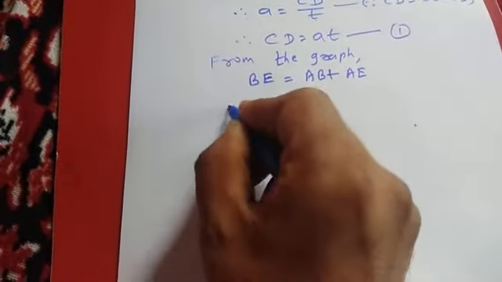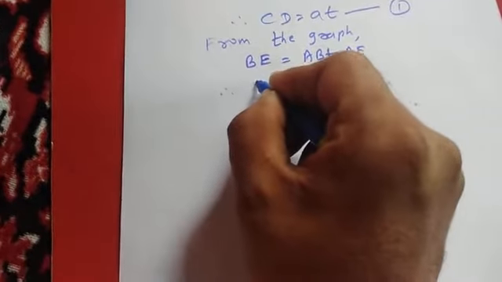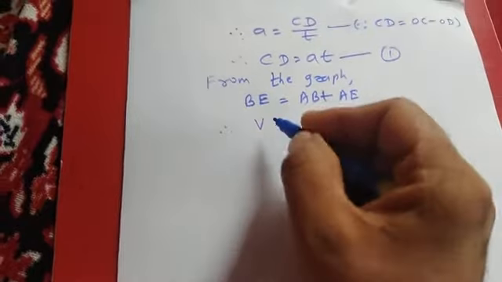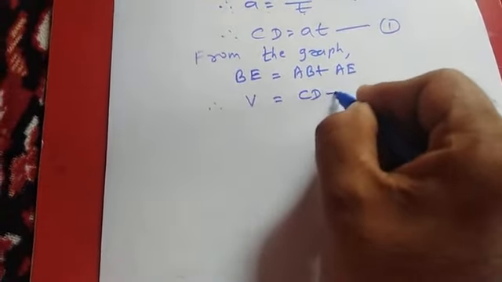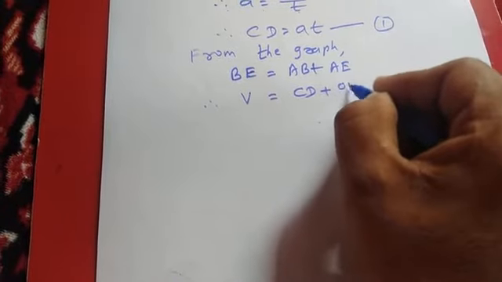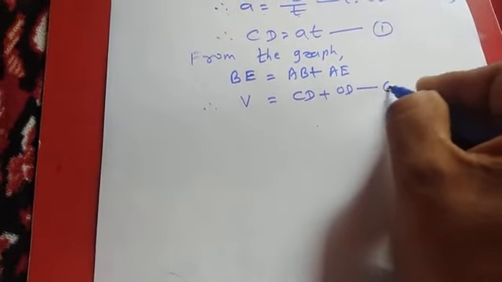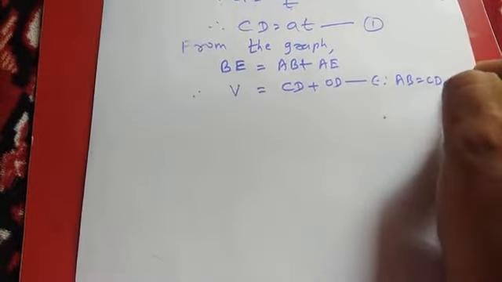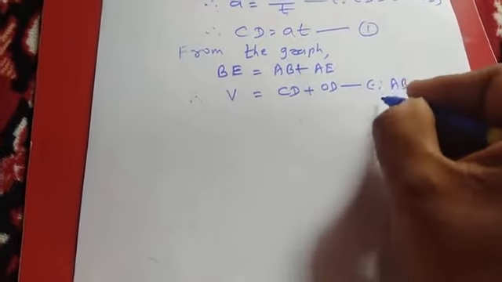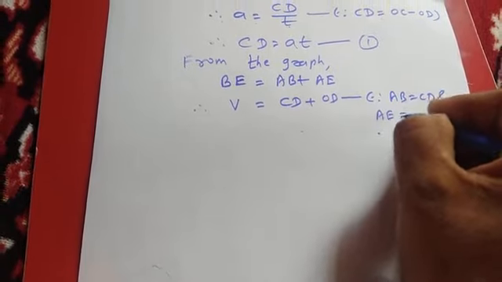Therefore, this distance BE is equal to v is equal to AB is equal to CD plus AE is equal to OD. We have seen in the graph AB is equal to CD and AE is equal to OD.